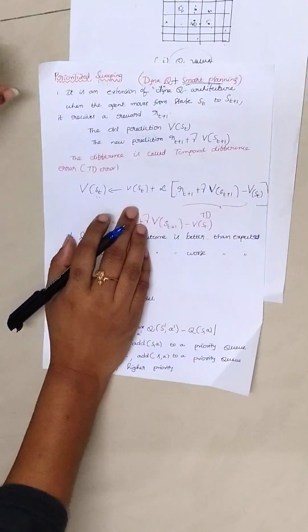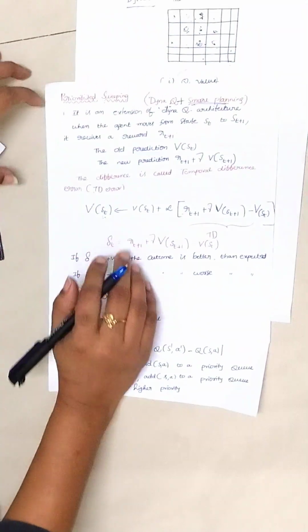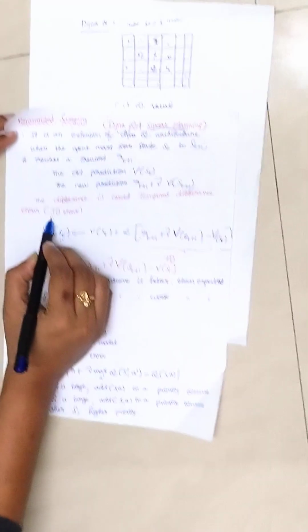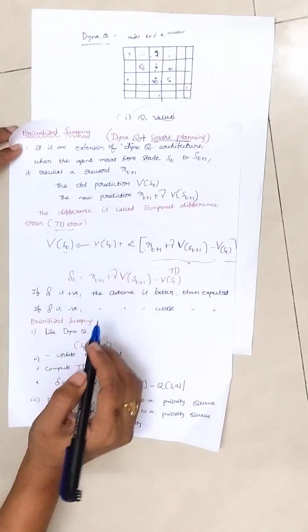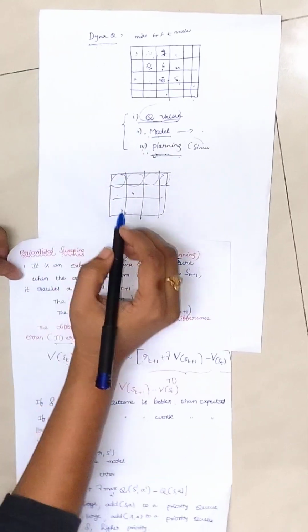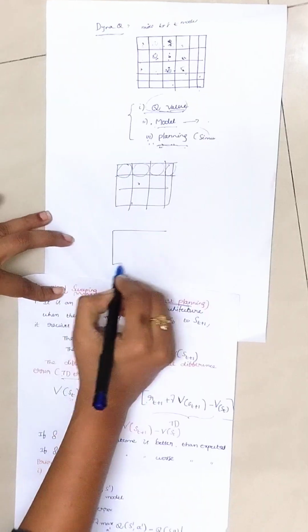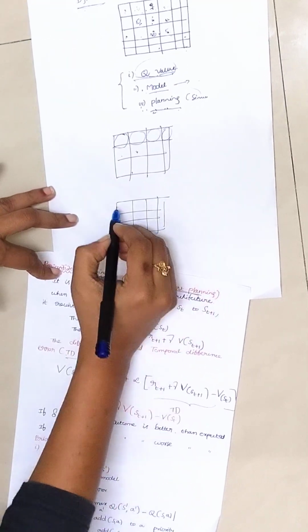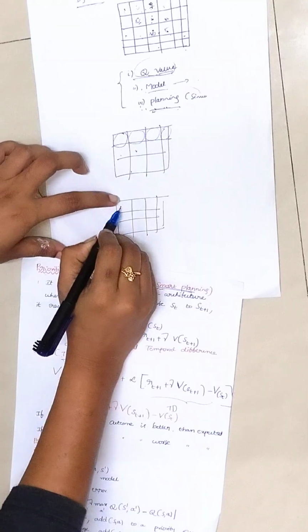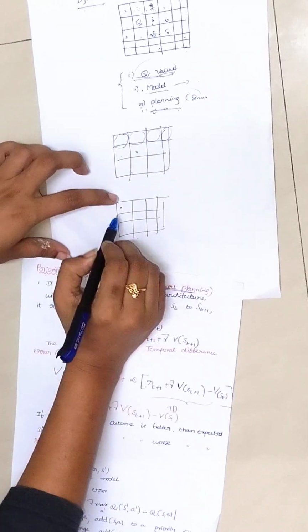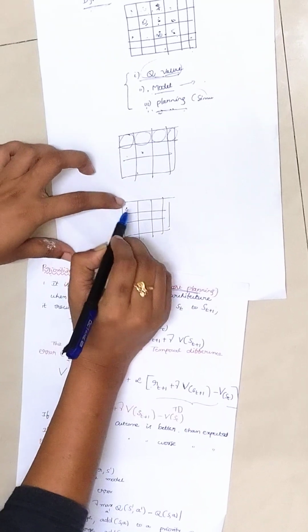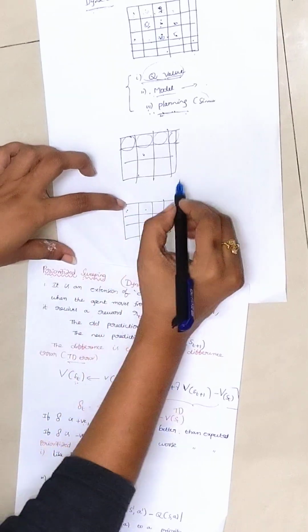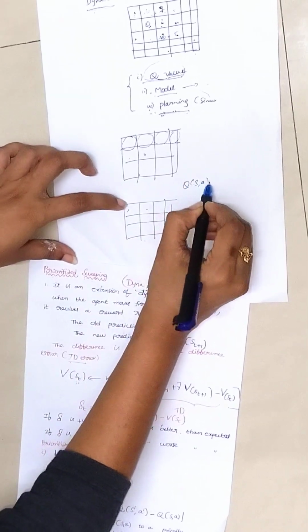Before seeing how prioritized sweeping works, we will see one technique called temporal difference. Temporal difference means, just like in Q learning, where we calculate the Q value when an agent is in each and every state, here I calculate the Q value by taking the Q learning algorithm formula.